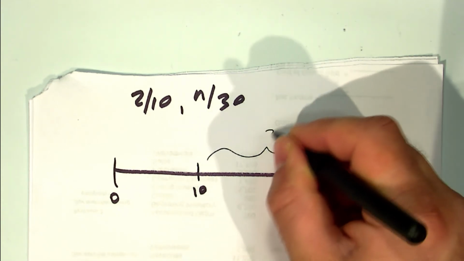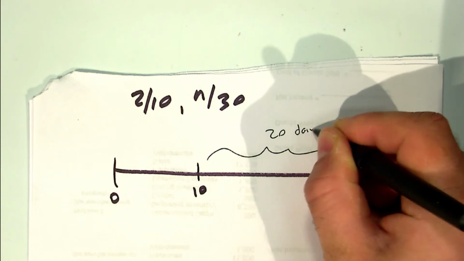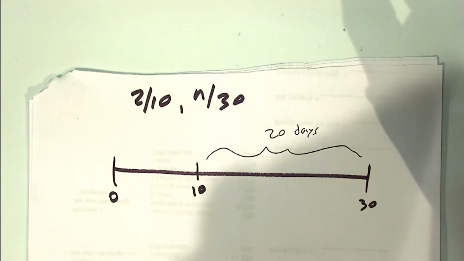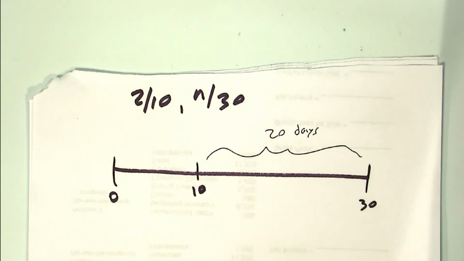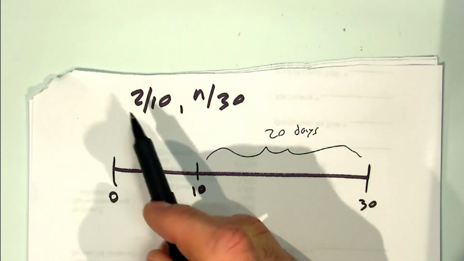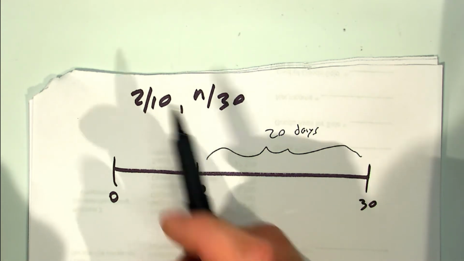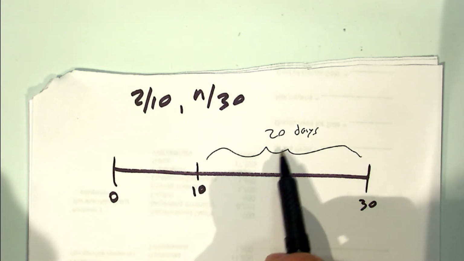You get this extra 20 days. Now, we're used to thinking of percentages and interest rates in annual terms, aren't we? But this isn't a 2% cost if you choose not to take the discount. This is 2% for 20 more days.